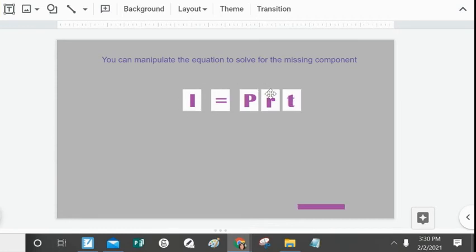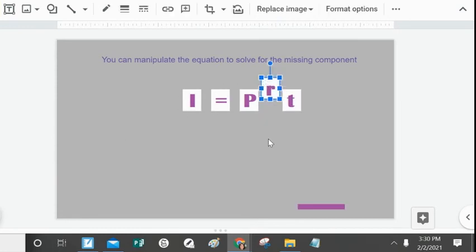I can also solve for the interest rate, that percentage. Again, the left side of the equation is all about the interest as a dollar value. The right side, I'm multiplying the three variables.